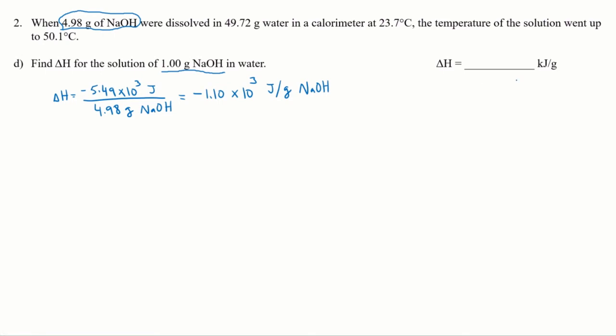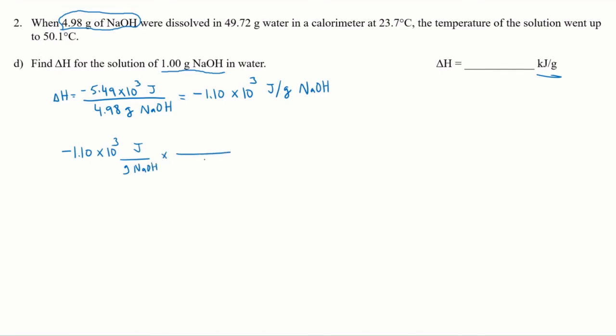Now, the question is asking us for units of kilojoules per gram. So we would need to convert from joules to kilojoules. That conversion can easily be done as negative 1.10 times 10 to the 3 joules per gram of sodium hydroxide.